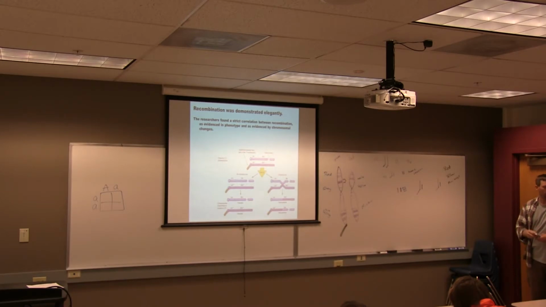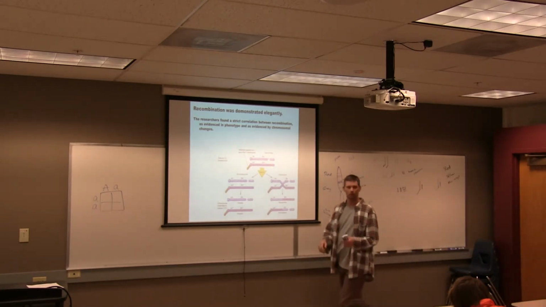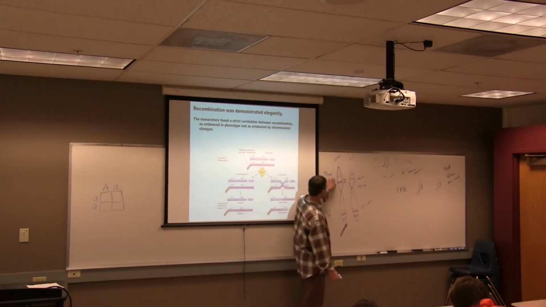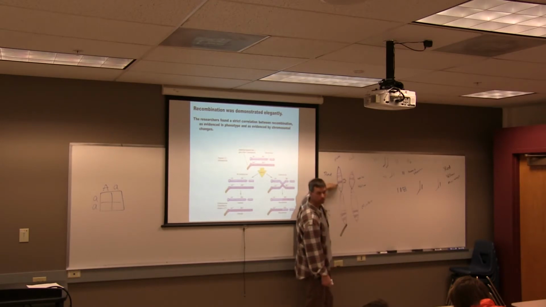You want to come and tell me where? Where on here did crossing over have to occur? Between here, somewhere in here. Right? And since it's long, probably it happened like right in this area right here, right? Does that make sense?